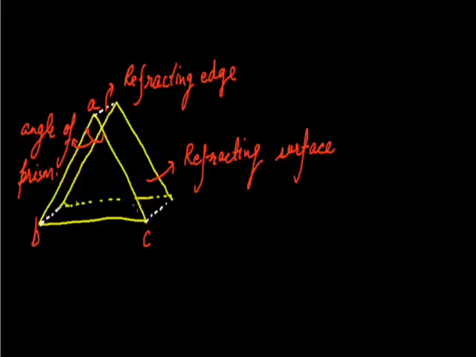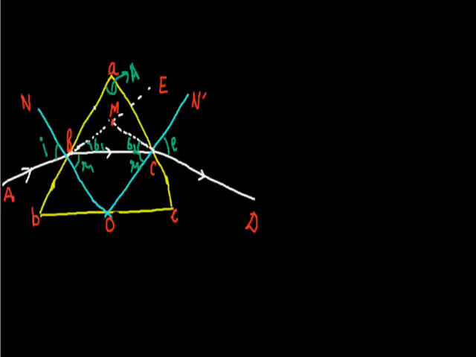Now, we want to study how the light ray behaves when it falls on a prism and goes through it. So, let's have another diagram in which we can show how the light ray falls and behaves when it goes through a prism.